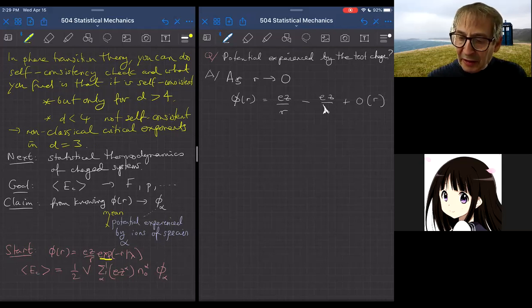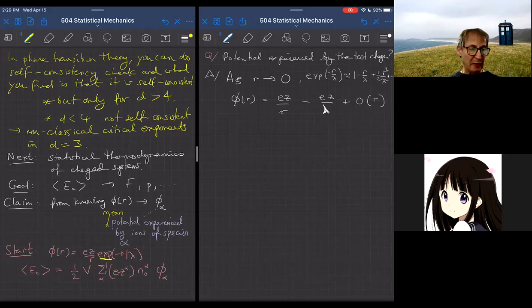So all I've done, as r goes to 0, I'm just expanding exp of minus r over lambda, which is equal to 1 minus r over lambda plus 1/2 r squared over lambda squared, dot, dot, dot. Okay, so that's all I'm doing.